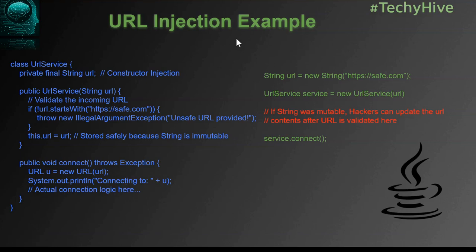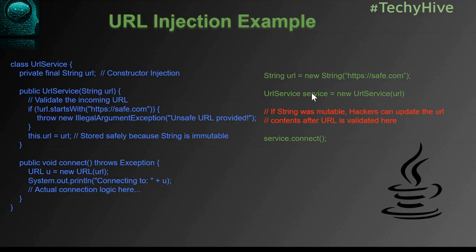Now we are using this class on the right hand side. Here we are creating an object of the String class, and after that we are creating an object of URLService. You can see we are passing that string URL as the argument to the constructor, and now the object of the service is created.